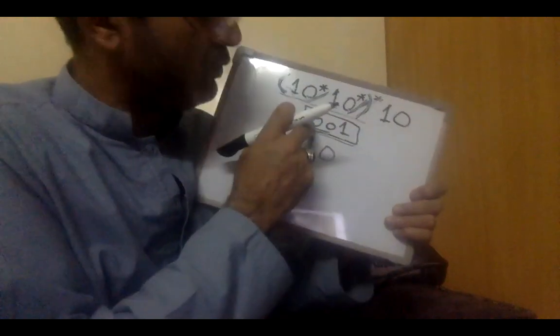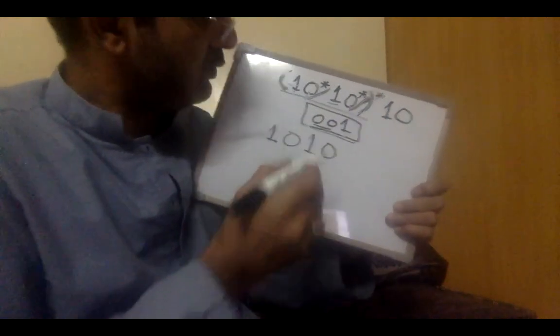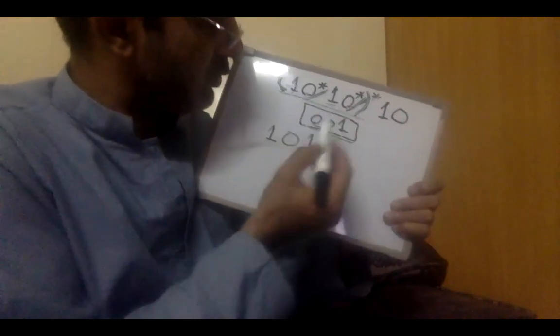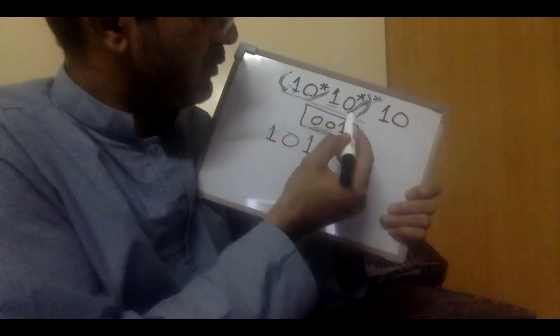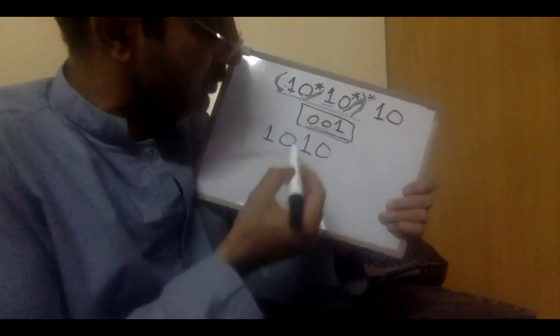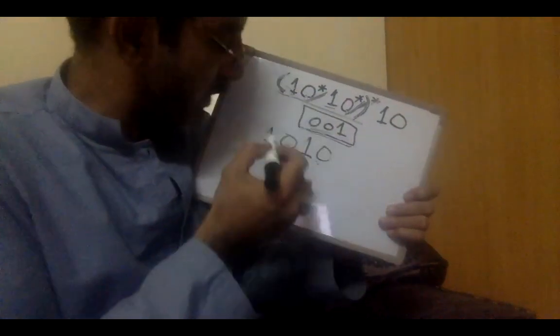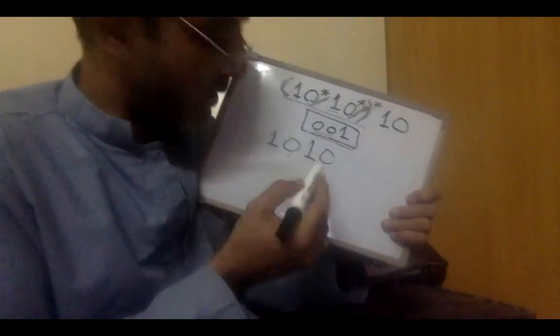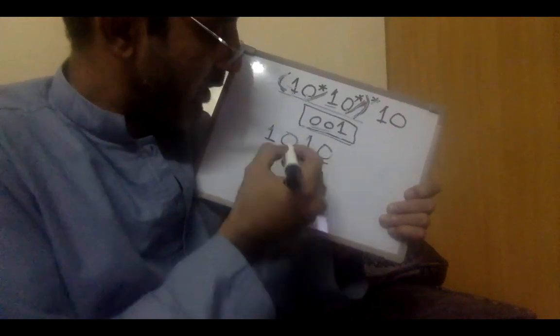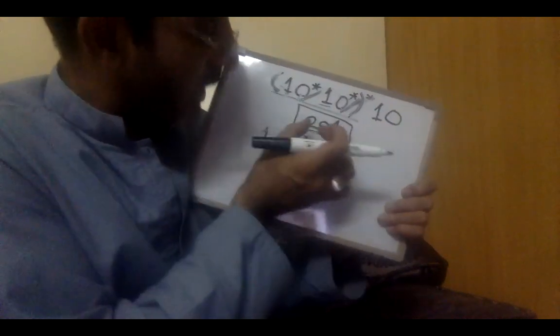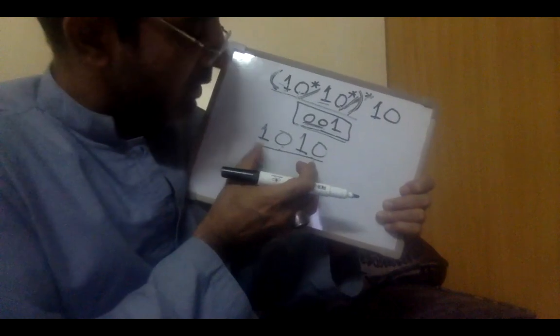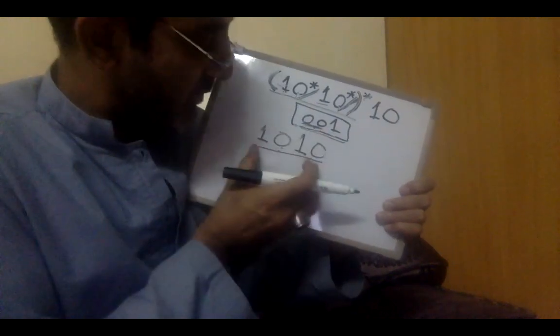I have to produce two zeros, and when I produce two zeros like this, 1 will come compulsorily, and then I am not getting 0 0 in combination.